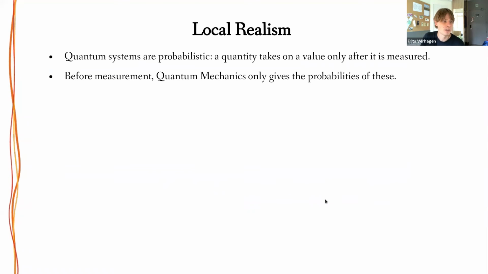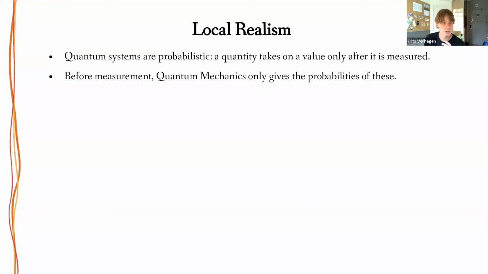Okay, so now let's get to local realism. What is it? So as you know from the first few days of this camp, quantum systems are probabilistic. So a quantity takes on a value after you measure it. It's not that everything has a certain value, a certain speed or spin, and then if you measure it, you just get that number. No, if you do the measurement, it assumes a certain value.